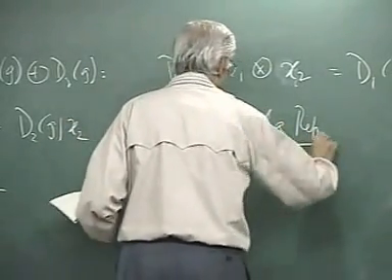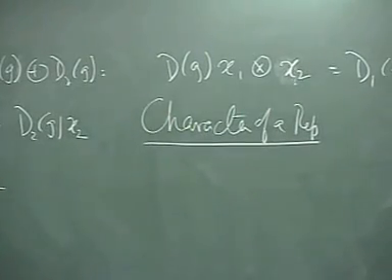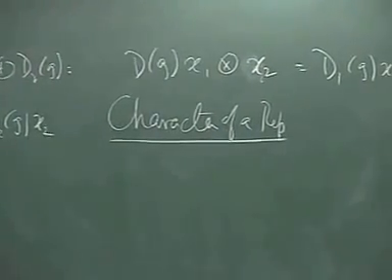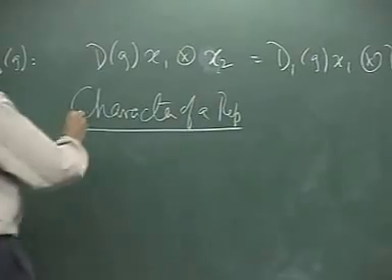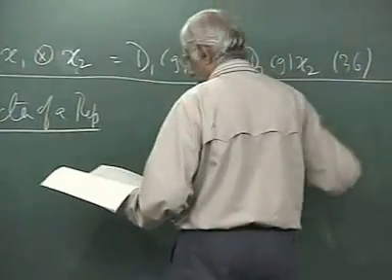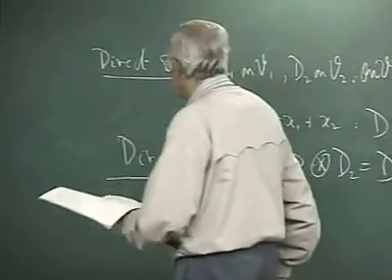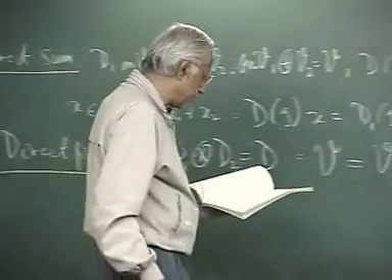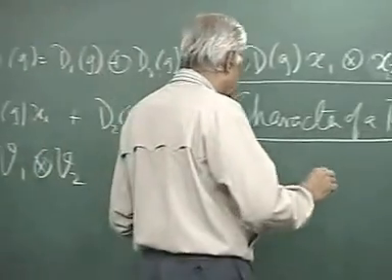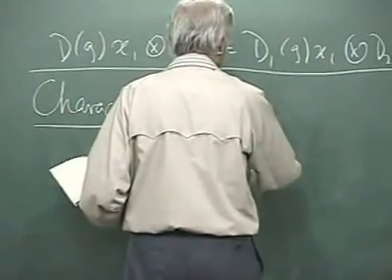Next important concept is the character of a representation, and this is also something we will keep coming back to quite often. This is defined most simply using the matrices of a representation.